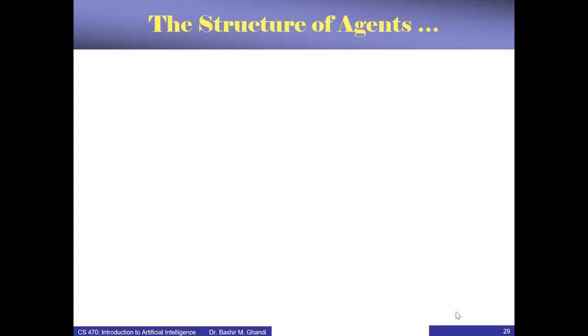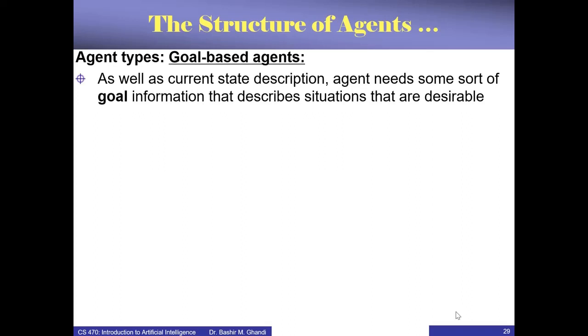Let's move on to another type of agent, which is even more general, the goal-based agent. Now, as well as the current state description, which is normally stored by model-based agents, the agent also needs some sort of goal information that describes situations that are desirable. For example, if a taxi agent encounters a junction that has three possible ways, either to go straight forward, go to the left, or go to the right.